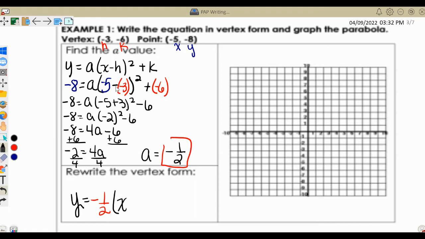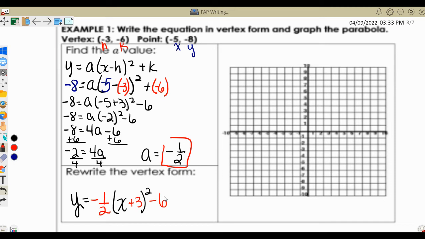So because it was a minus a -3, it became a +3. And then the 6 became a -6. Okay, we're going to do -6. So again, the vertex is at -3, -6. So that's where those numbers come from, and our a value after we solved was -1/2.